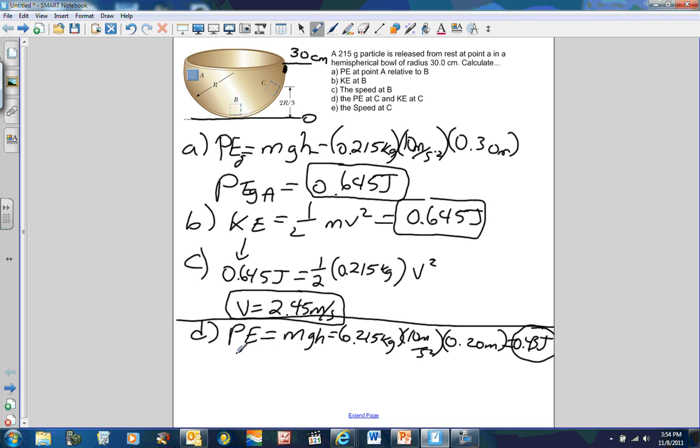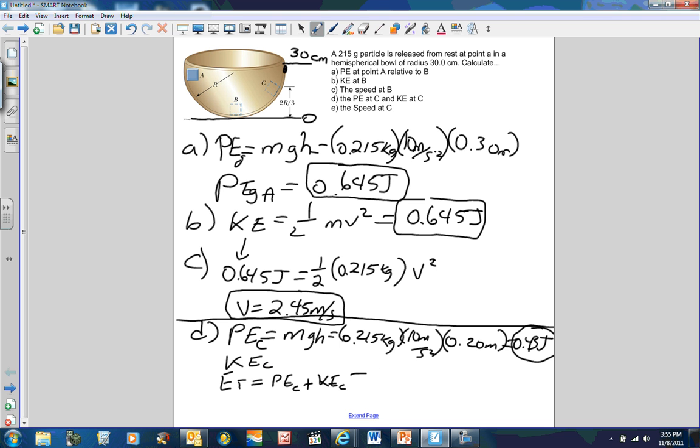Now, how do I find the kinetic energy? This is PE at C. Well, KE at C, basically what we have here is the total energy at C is going to be PEC plus KEC. Well, we know PEC is 0.43. We know total energy is 0.645, so we just say 0.645 minus 0.43, and we get 0.215.